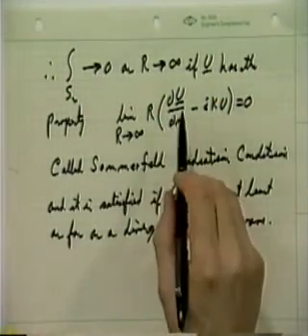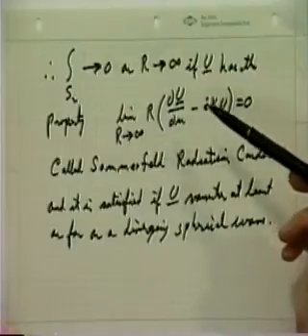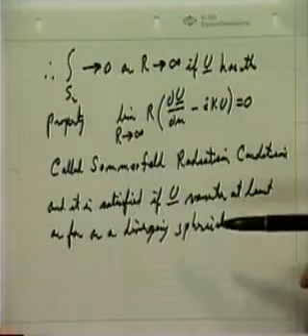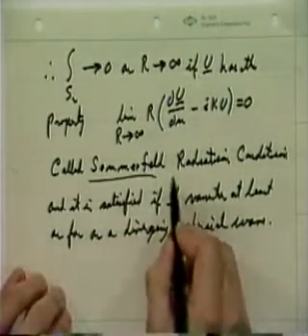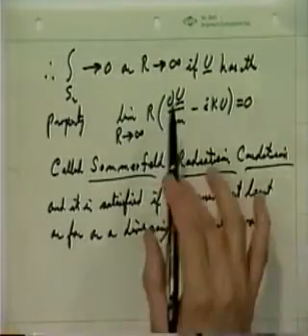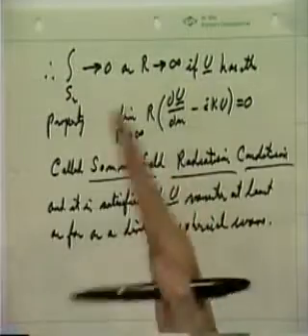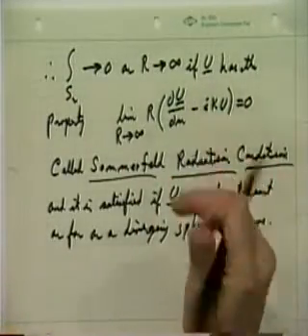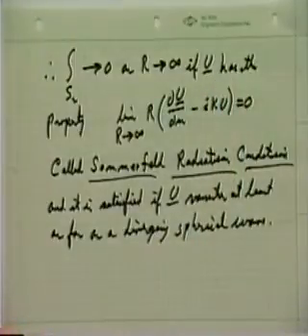So remember, U here is what we're using to illuminate the aperture. And so we're saying that if U vanishes at least as fast as a diverging spherical wave, this Sommerfeld radiation condition is satisfied, and this integral is equal to 0. Anything we illuminate this surface with can consist of a single spherical wave, or maybe a collection of spherical waves.